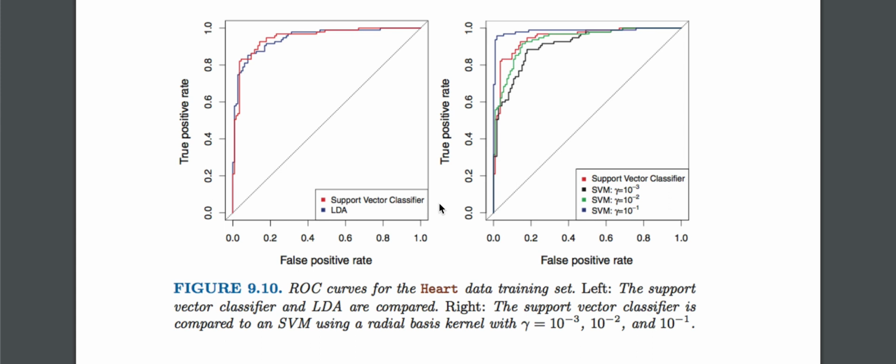When we are working with hyperplanes, like LDA, logistic regression, and the support vector classifier, they're all hyperplanes trying to separate the data using slightly different cost functions, but they all perform more or less the same.